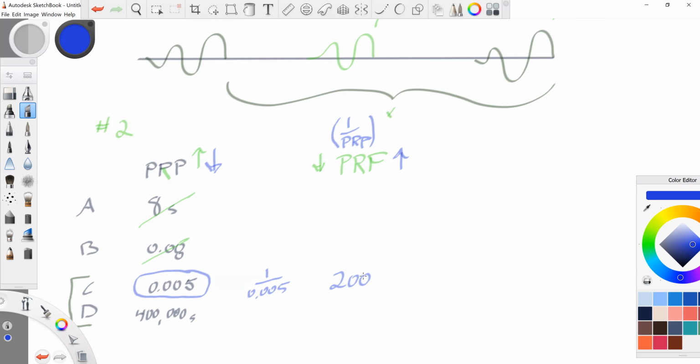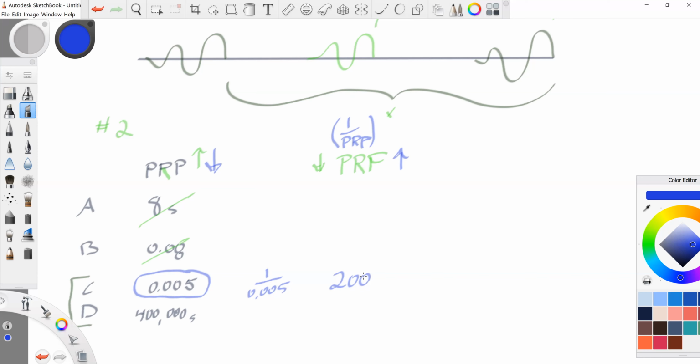Yeah, we changed everything to seconds. So that should be the pulse repetition. Wait a minute. If we're looking at 5 milliseconds, the pulse with the shortest pulse duration will have the highest pulse repetition frequency. Oh gosh, I have to think about what my units are, right?